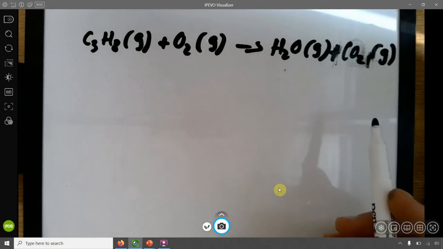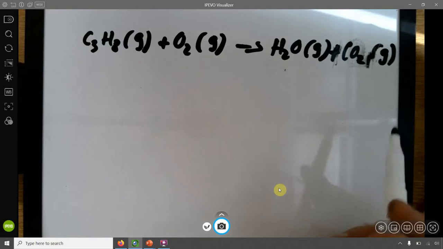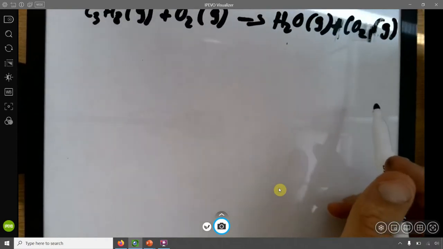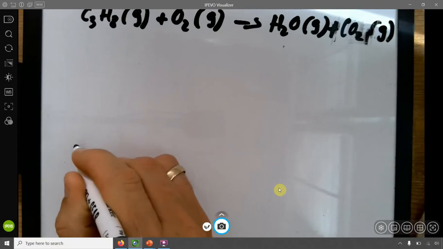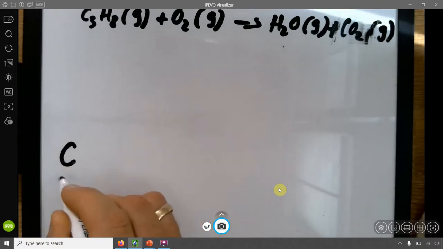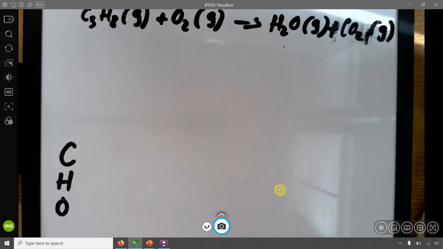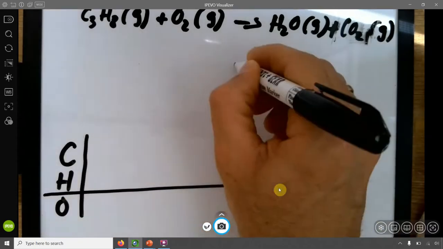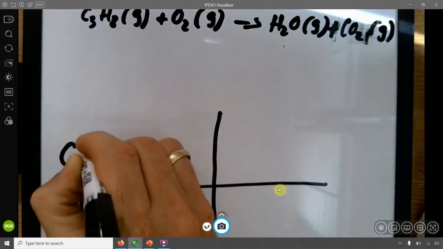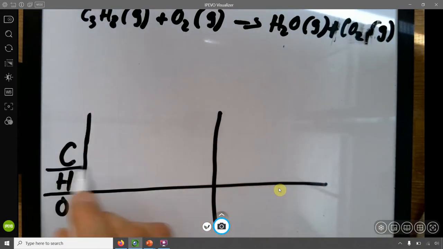And so the trick here is that it's trial and error, as you may have seen in the slide. And what we'll typically do is, for your own bookkeeping, and as you get more and more well versed in this, you may skip this if you want, but I'll just do this for you right now. I have three elements I gotta worry about: C, H, and O. And I have this side of the equation, the left side, and I have the right side of the equation.